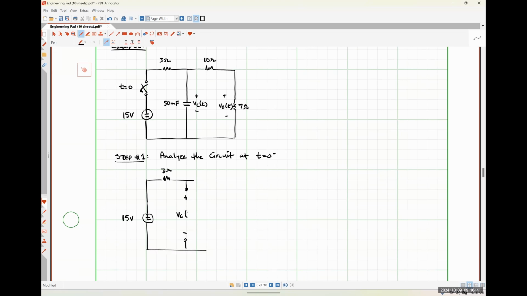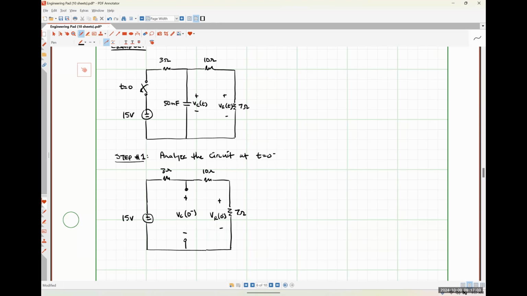So here's VC at 0 minus. Here's my 10 ohm resistor. Here's my 7 ohm resistor. Here is VR at 0 minus.